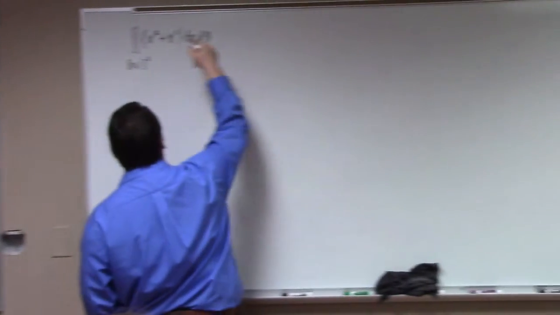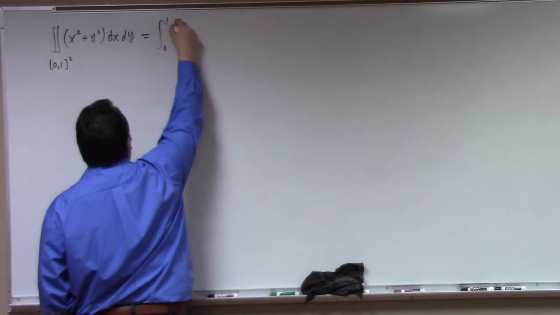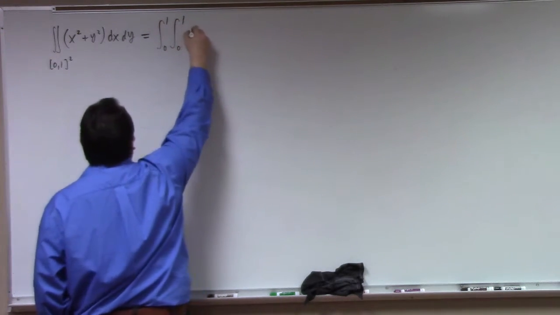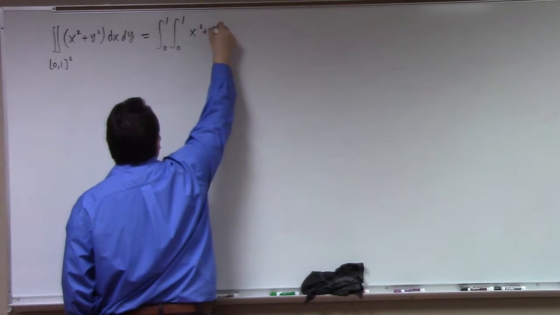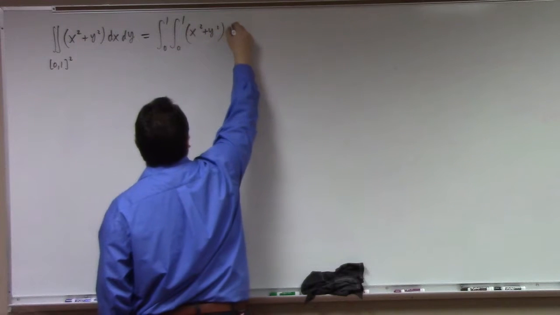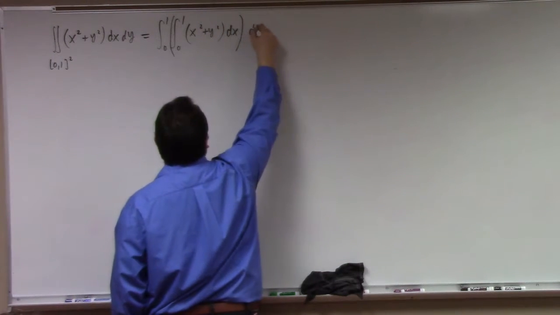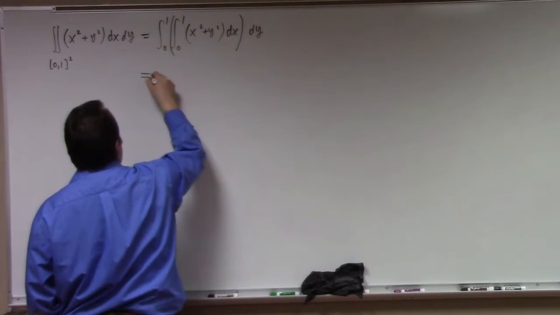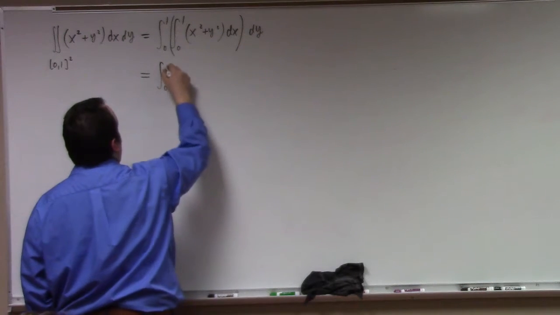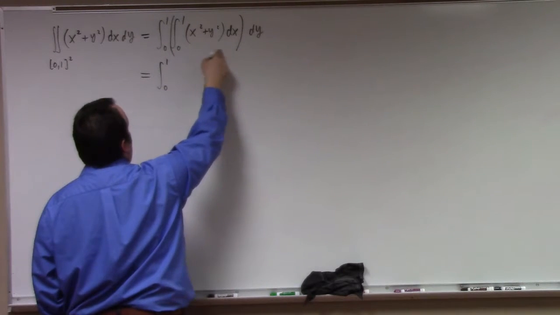So here it is. So Fubini says I integrate from 0 to 1, I integrate from 0 to 1, x squared plus y squared. And it doesn't matter which one I do first, really. Let's see here. So that's integral from 0 to 1. So the way you do this is you just integrate the middle integration.